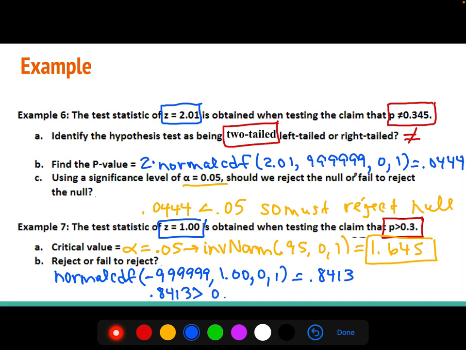And is this greater than 0.05? That's our alpha. And it is, so we must fail to reject the null.